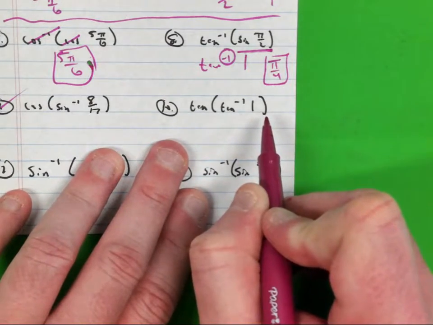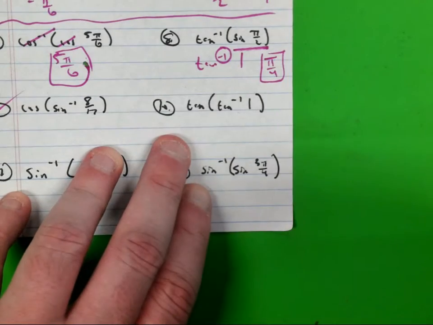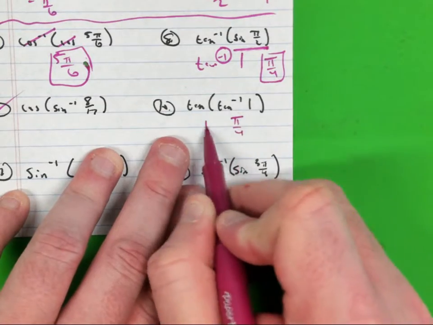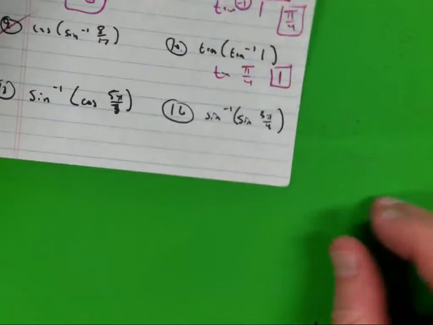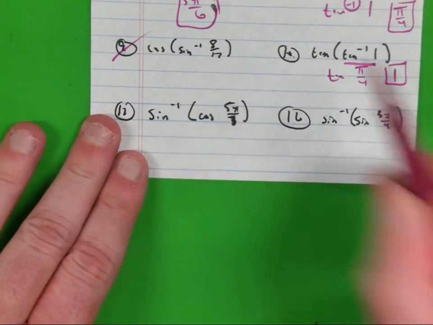It just happens to be 1, okay? Do you know why you cannot do the shortcut on this? Yes. Okay. So arc tan of 1 gives me pi over 4. And then tangent of pi over 4 is 1. For some reason, that just happened to come out. So I will work from inside out on that one.